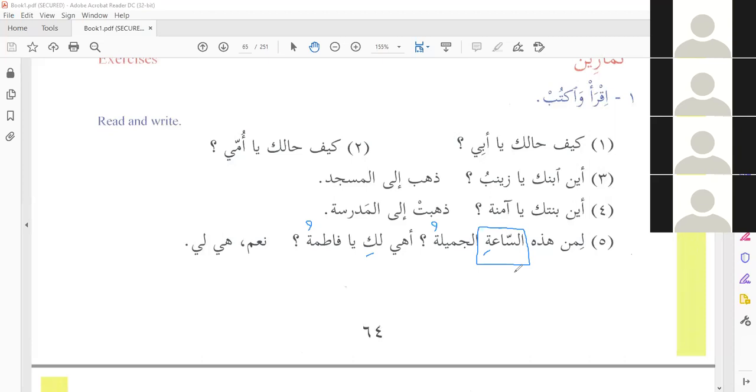You said it's a nominal sentence, and by nominal sentence we mean jumla ismiya. Jumla ismiya has 2 parts, mubtada and khabar. And each of those has a default grammatical case, and it happens to be the same case, which is nice. So what's the default grammatical case for both the mubtada and the khabar?